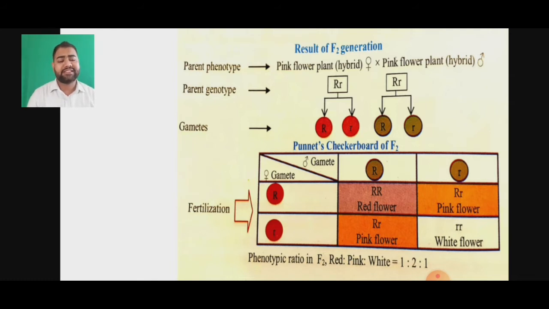Dear students, this is the first deviation of Mendel's first law, and here the phenotypic ratio appeared 1:2:1 instead of 3:1.